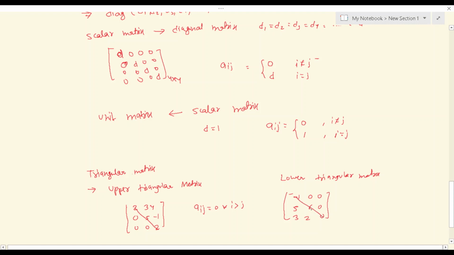Again, this was our main diagonal, and above this all elements are 0. You can see here these all elements are 0. That is, here Aij is equal to 0 for all i less than j. You can see that one of the diagonal elements is 0. As I said, these elements may or may not be 0. The only compulsion here is that all the elements above the principal diagonal must be 0.